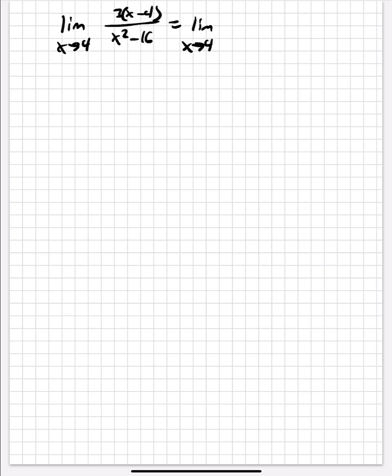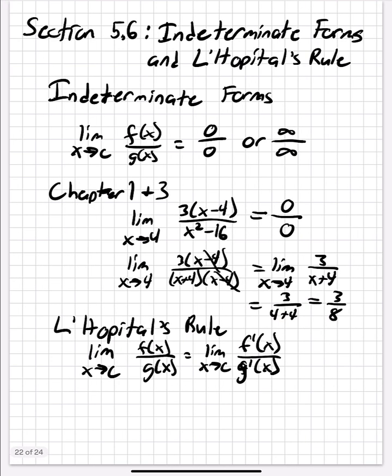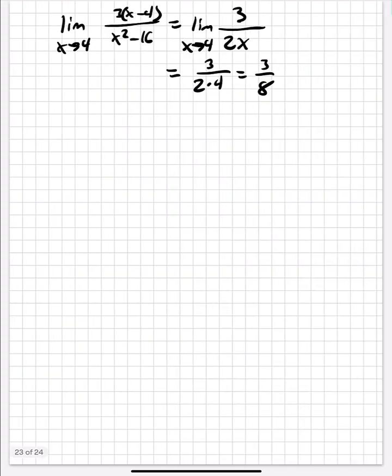Okay, so I take the derivative of the top and I get, so I have 3x minus 12, so the derivative of that is 3. The derivative of the bottom is 2x. Now I can invoke my limit and say, well, that's 3 over 2 times 4, which is 3 over 8, which, as you can see, is the same answer that we got when we did the algebra steps. But now all I had to do is take a derivative.